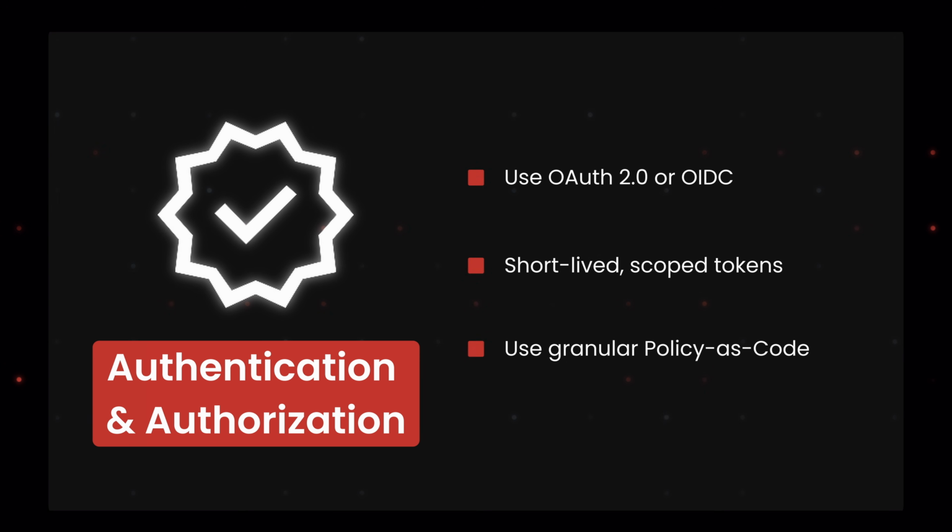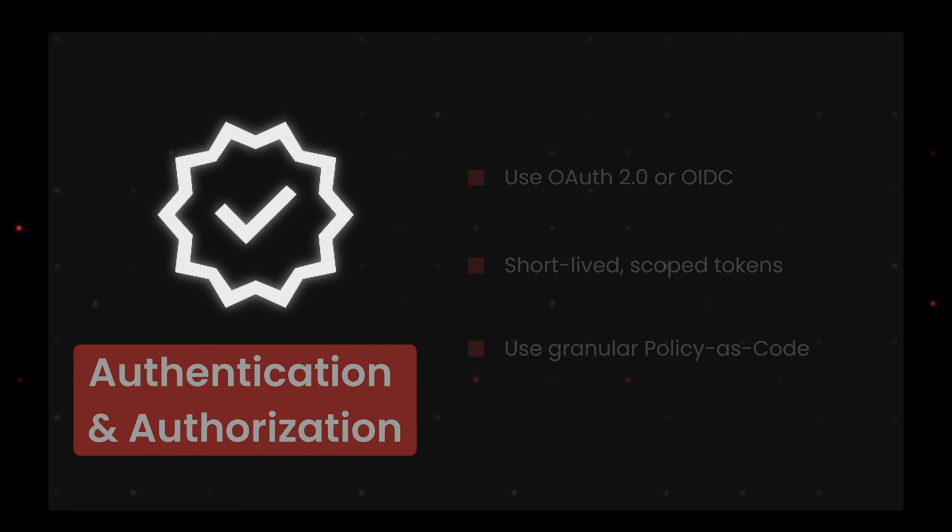Let me walk you through the core controls. Control 1 is authentication and authorization. Every MCP server connection should be validated against your corporate identity provider using OAuth 2.0 or OIDC, short-lived scope tokens per tool, not long-lived API keys sitting in a random environment variable file.